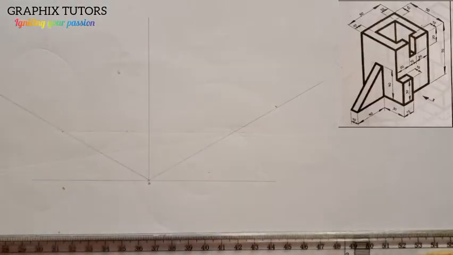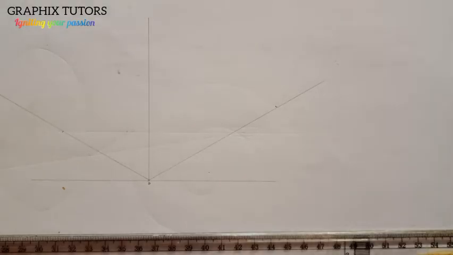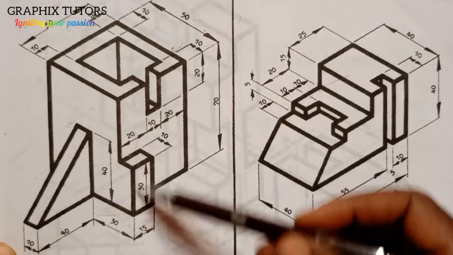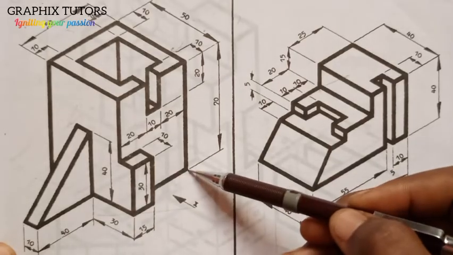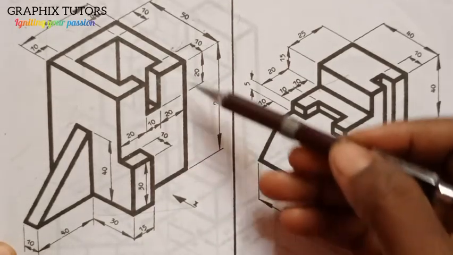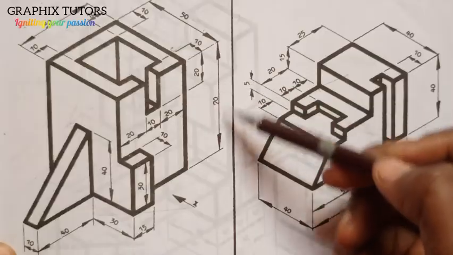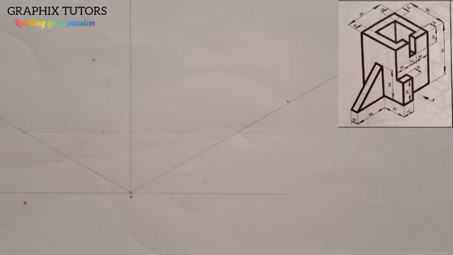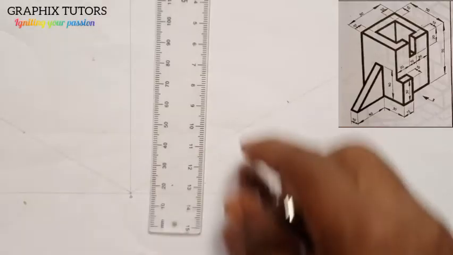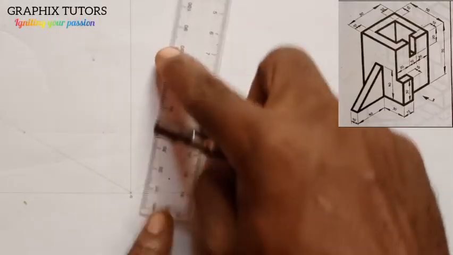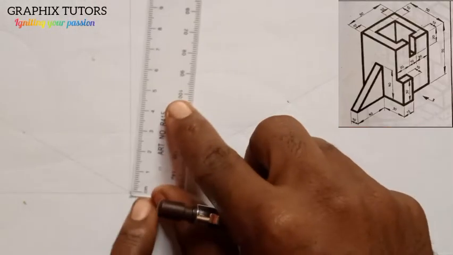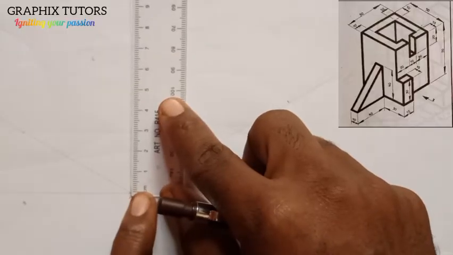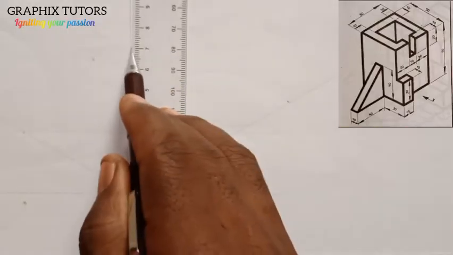Right? And the total height, let's see what the total height is on the y-axis. Now that means we're looking vertical. So from the lowest point here to the highest point here is 70. So my total height is 70. So I'm going to measure 70 from this point. And this is the 70.